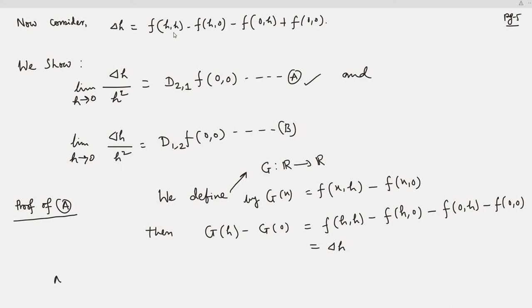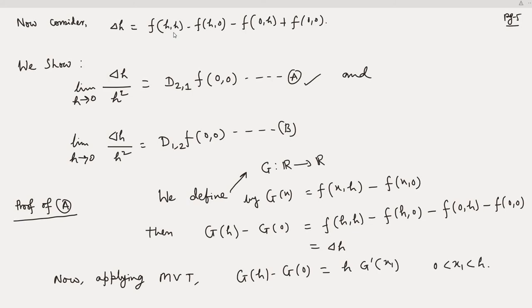Now applying the mean value theorem, we have g of h minus g of 0 equal to h times g prime of x1, where x1 lies between 0 and h.